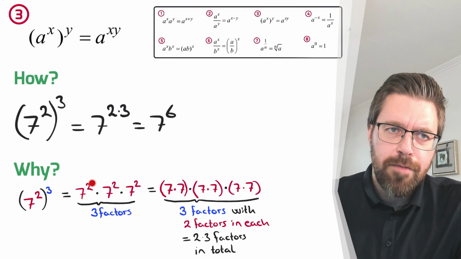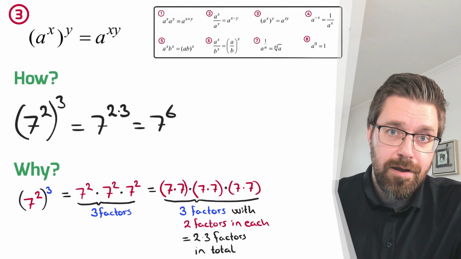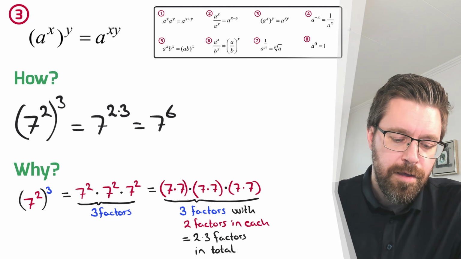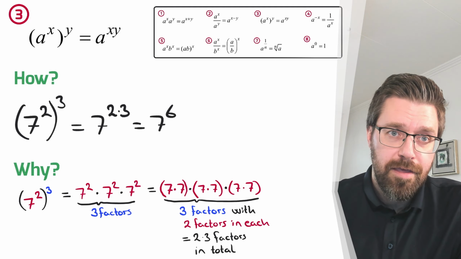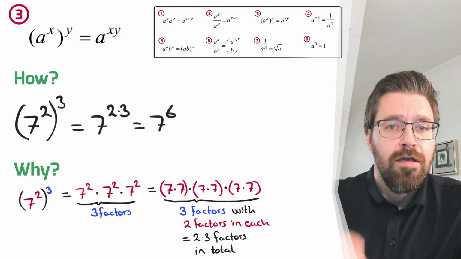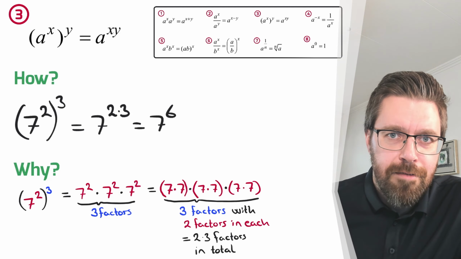So 7 times 7, and then 7 times 7, and then 7 times 7. So each power gets a parenthesis. So we have 3 parentheses, and each parenthesis has 2 factors inside it.